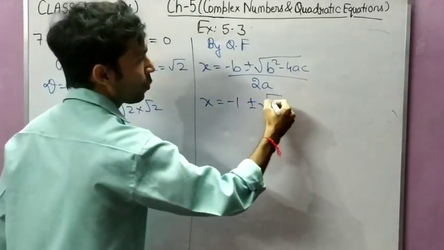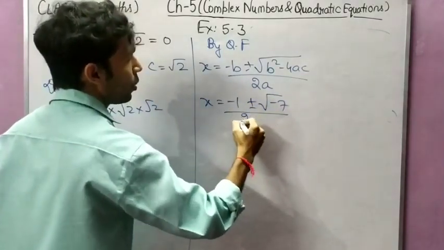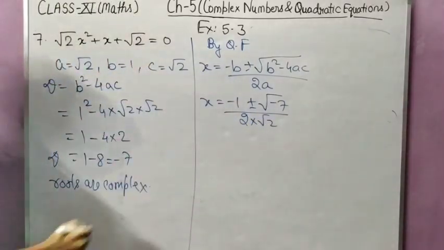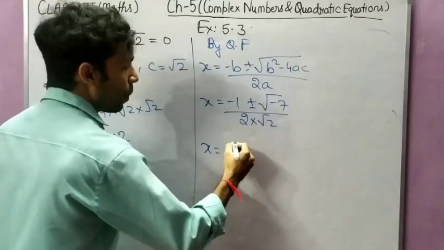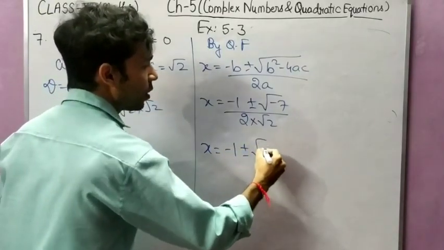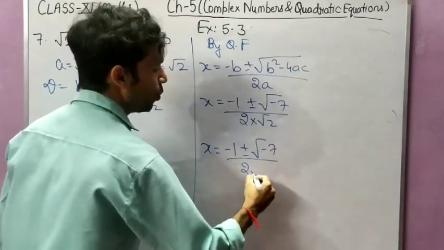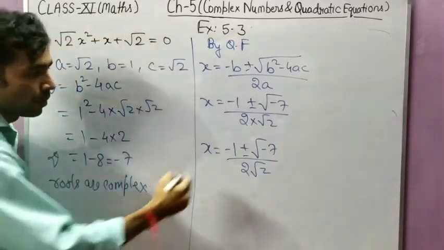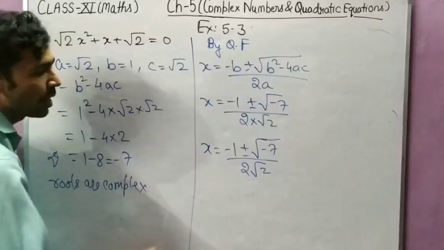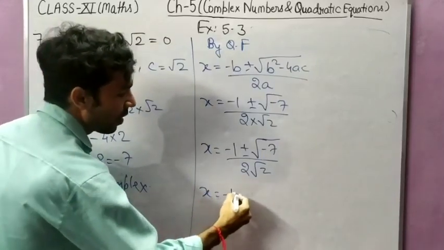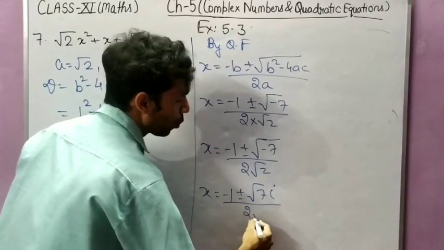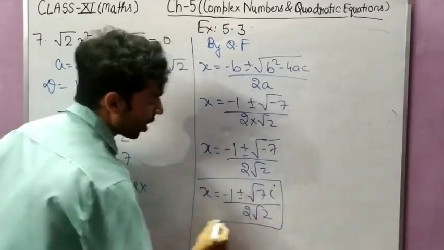So it will be under root minus 7 upon 2 into root 2. Okay, because the value of a is root 2. So x value will be minus 1 plus minus under root minus 7 upon 2 root 2. Okay, this under root minus 7 can be written as minus 1 plus minus under root 7 i upon 2 root 2. So this will be your answer.